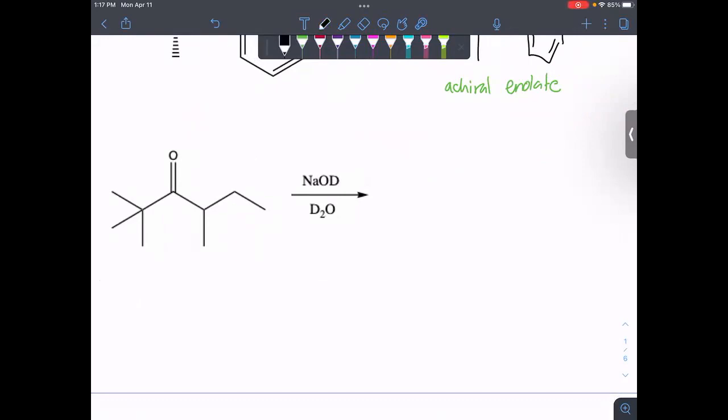So the enolate is going to look like this because all you have to do is get rid of the alpha hydrogen and then kick up this bond. So the oxygen becomes negatively charged and you get an alkene over here. So I'm just going to do that.